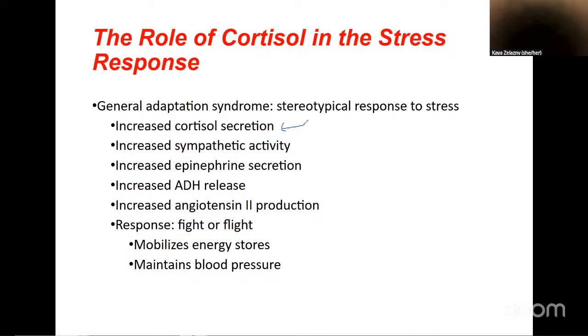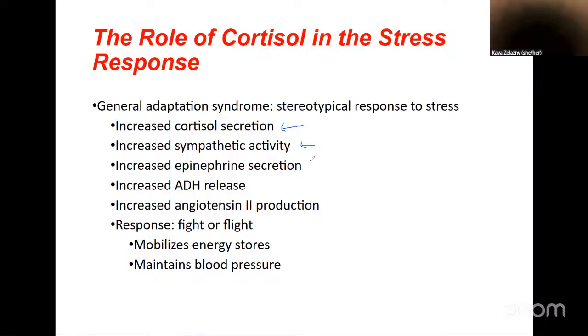or the body being in stress. This is going to be paired with increased signaling from your sympathetic branch of the autonomic nervous system, that fight or flight part of the nervous system, right? So that has similar function. So with cortisol, we're mobilizing our energy stores, and with sympathetic activity, we're regulating a lot of effector organs, again getting ready for fight or flight. Your heart's beating harder, faster, you're changing your breathing, you're getting ready to do stuff.